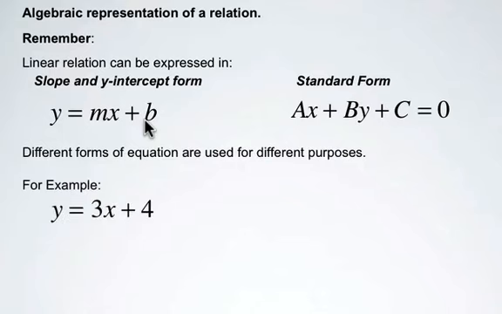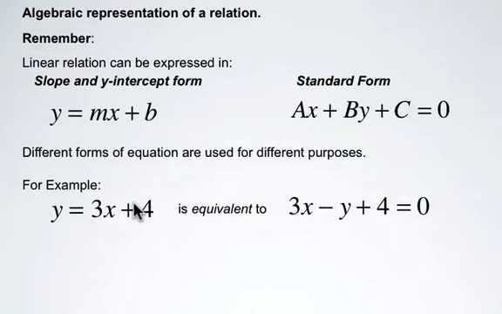So for example, y equals 3x plus 4 is equivalent to 3x minus y plus 4 equals 0. These are both equations of the same line. M equals 3, we can find that from this form.